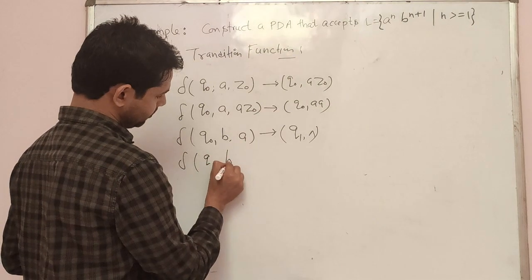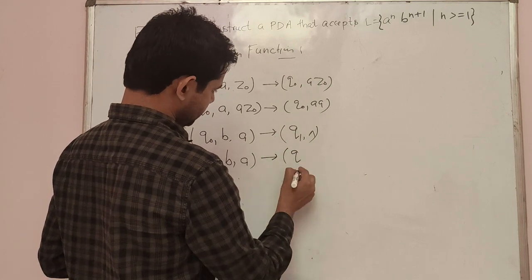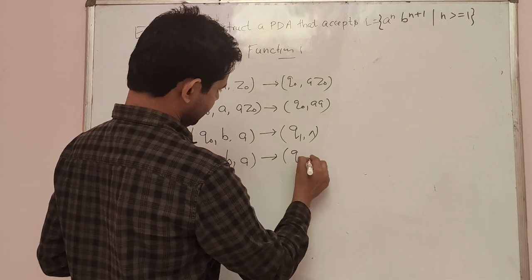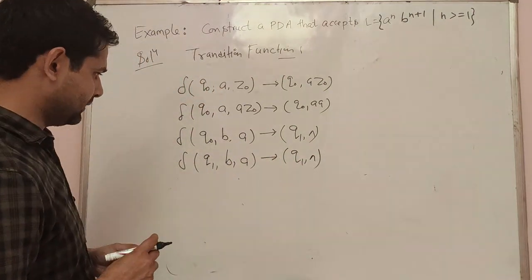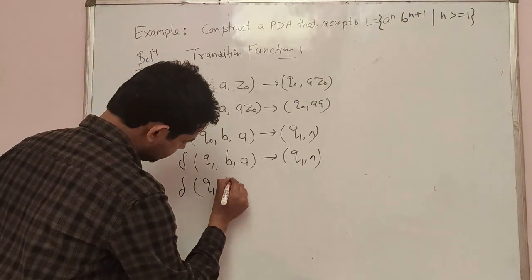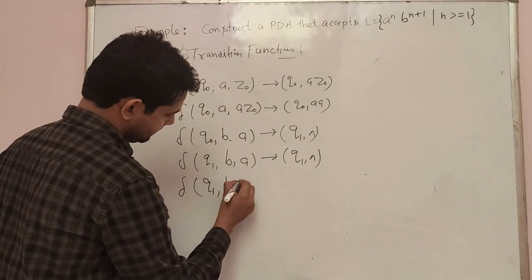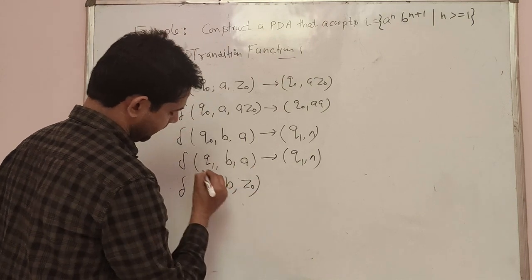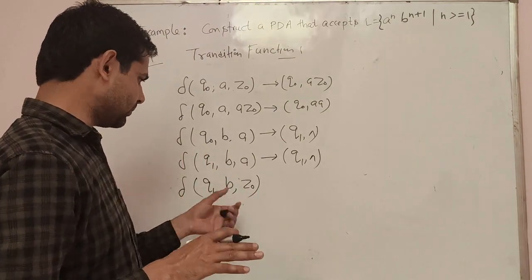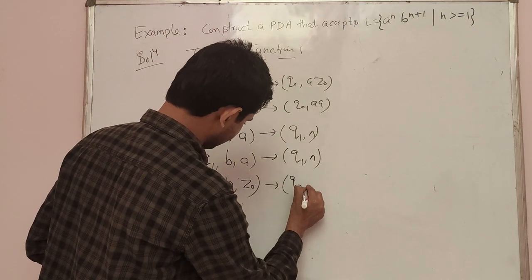Similarly, at state Q1, input symbol is B and stack top is A. Then we are moving to the same state Q1, and the stack top is popped, it will be null. Then at this state we have B, and the stack top is empty now. The input symbol is B, and there is no A in the stack. In that case, we will move to another state Q2.